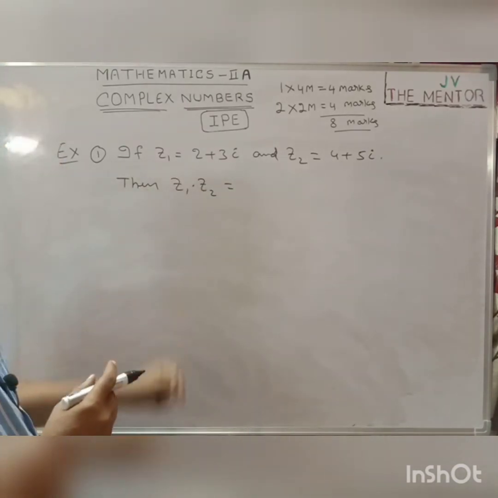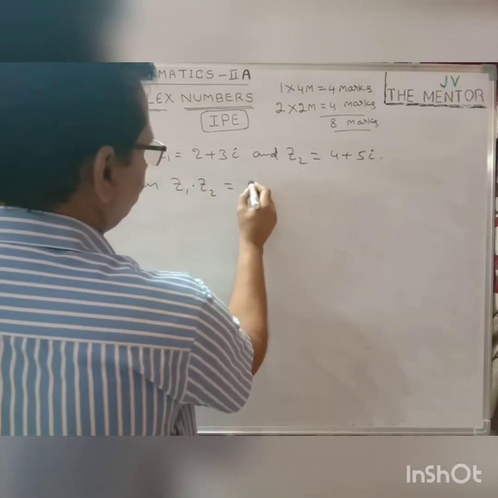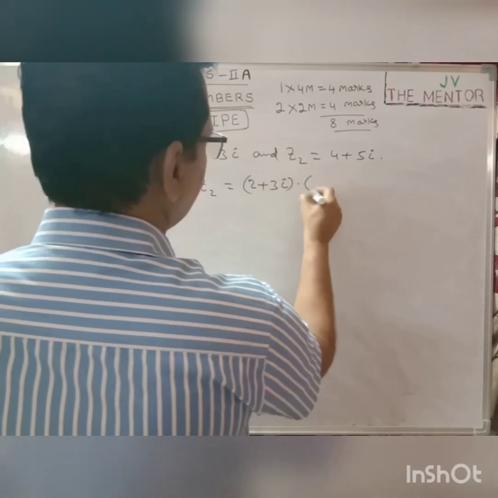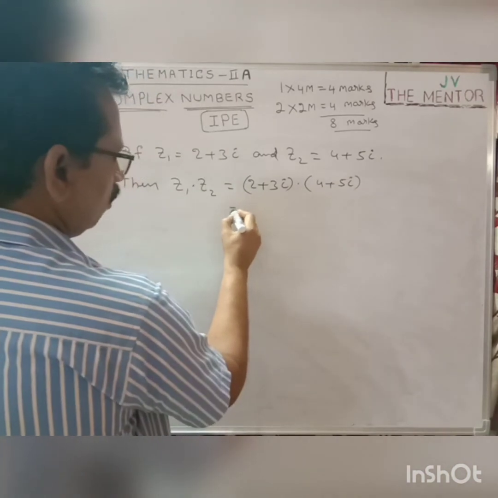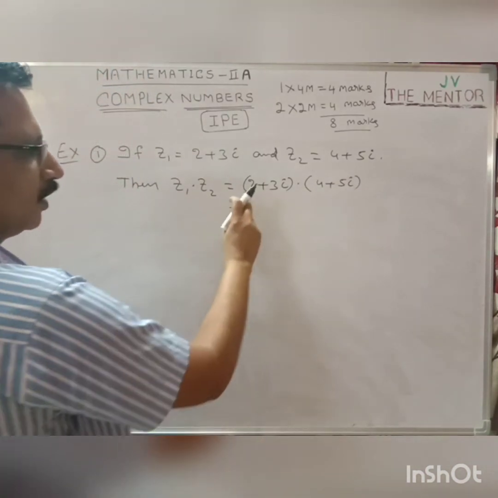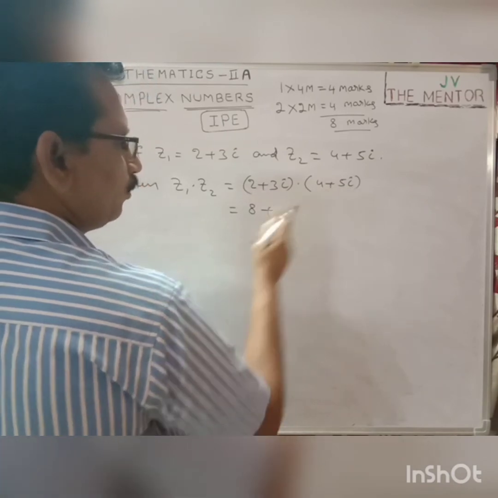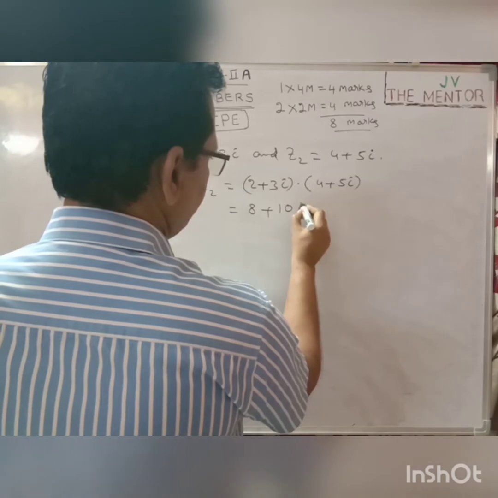Now we will find Z1 into Z2. Z1 into Z2 equal to 2 plus 3i into 4 plus 5i. Now this is ordinary multiplication. 2 into 4, 8, plus 2 into 5i, 10i.